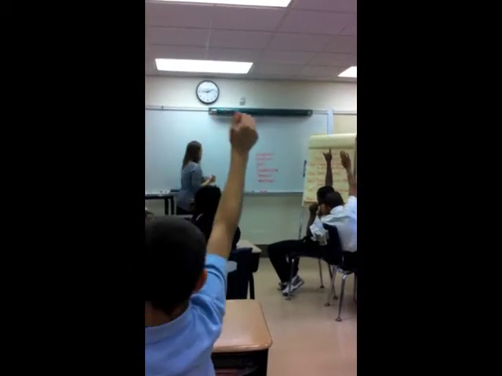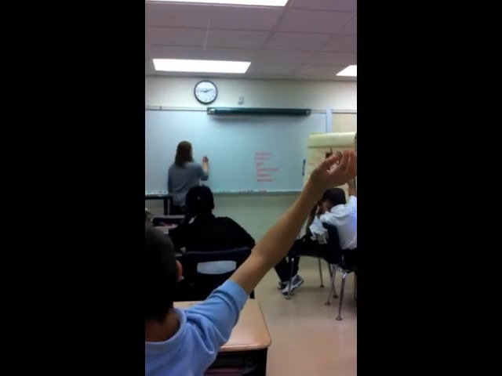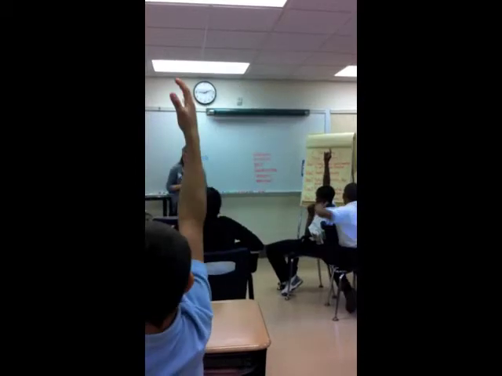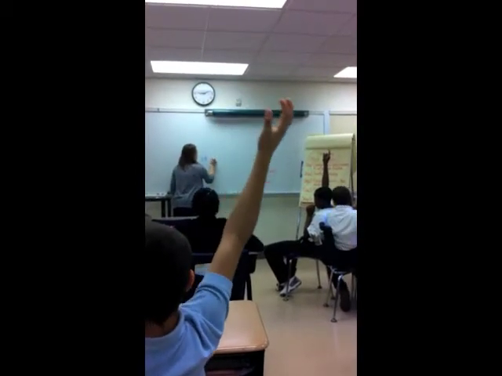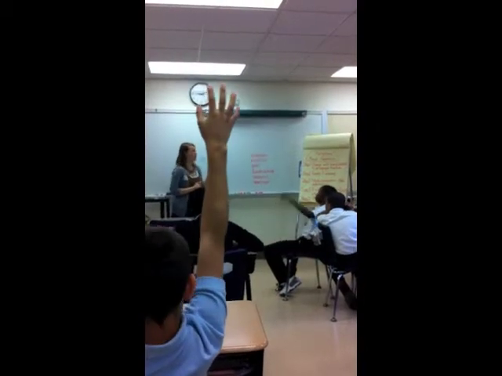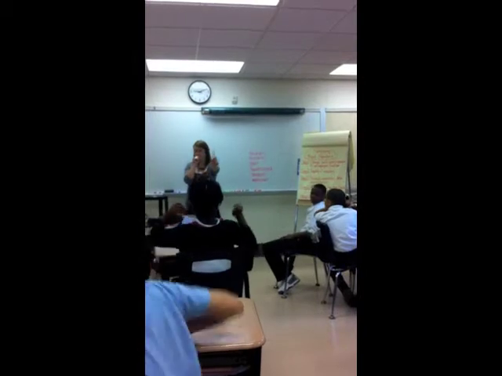So, for the first one, we are going to do 2 3/5 times 5.5. Okay, who would like to come up and do the first step, which is change the mixed number to an improper fraction? Daniel, come on up.